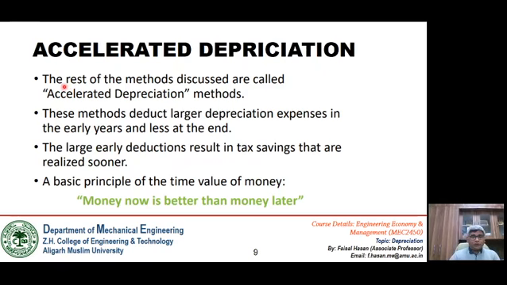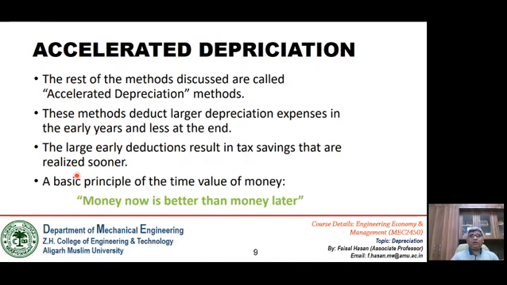So apart from the straight line method, the other two methods, the sum of years digit method and the declining balance method, are known as accelerated depreciation methods. In these methods, there is a larger deduction in depreciation expenses in the early years and less at the end. I have already told you why this method is more suitable to organizations: the large early deductions result in tax savings that are realized sooner.